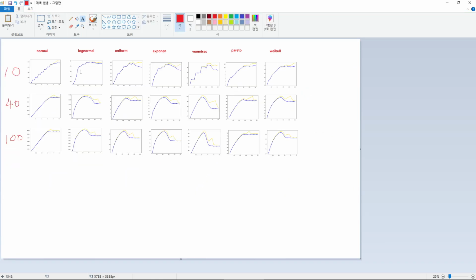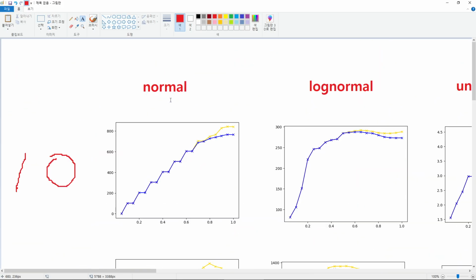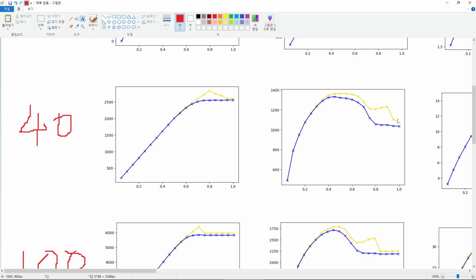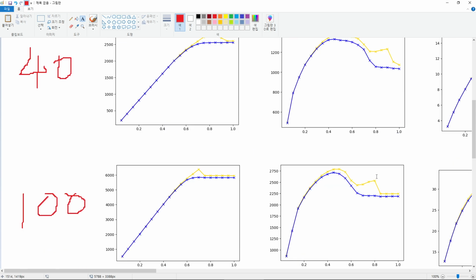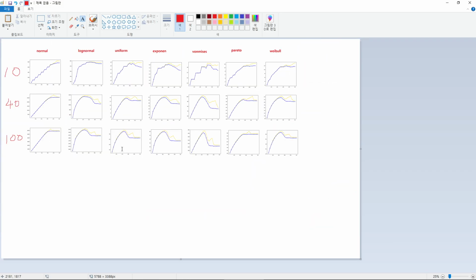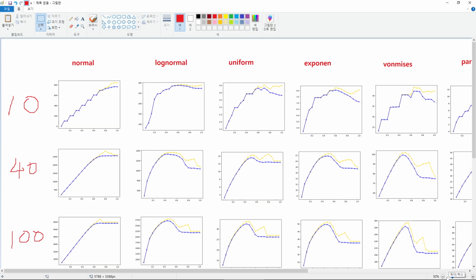Yep. So let's have a look. Are these two different? Yeah, they are. So this is what happens. Maybe I could. Can I? God damn it. So 10%.